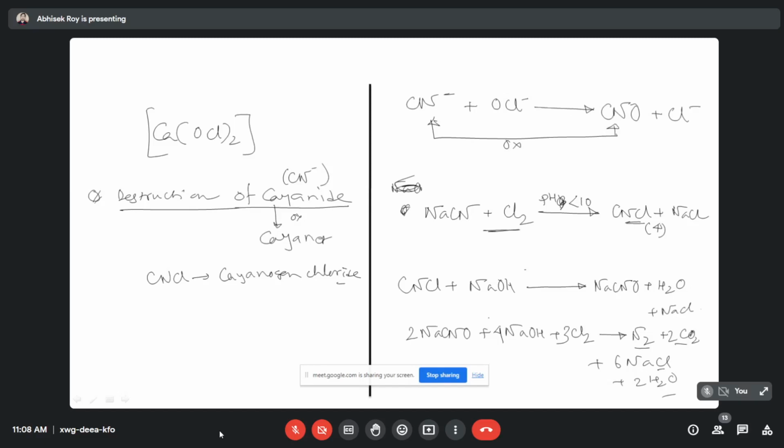CNCl gets converted to NaCNO and it further gets converted into CO2, NaCl and H2O. So in practice, when you do the destruction of cyanide by chlorination, you add an excess amount of chlorine to make sure that no cyanogen chloride is produced.